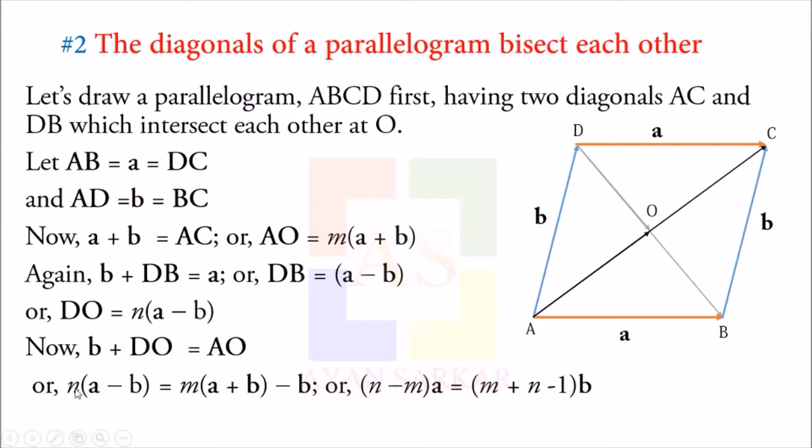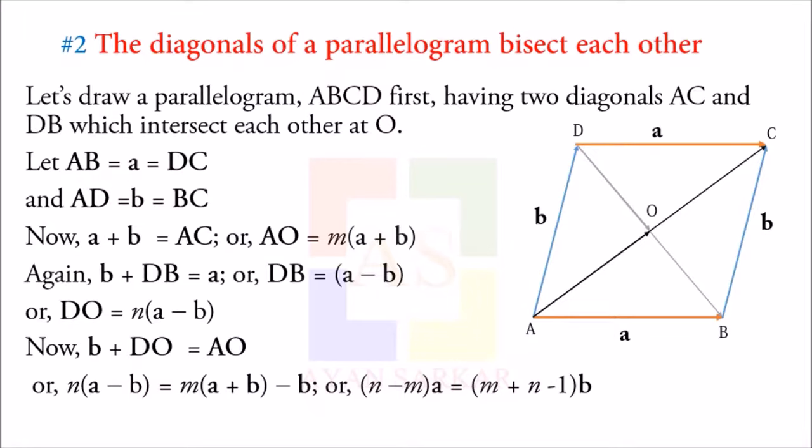So n times a minus b equals AO vector, which is m times a plus b, minus b. Or n minus m times a is equal to m plus n minus 1 times b. This is just rearrangement.